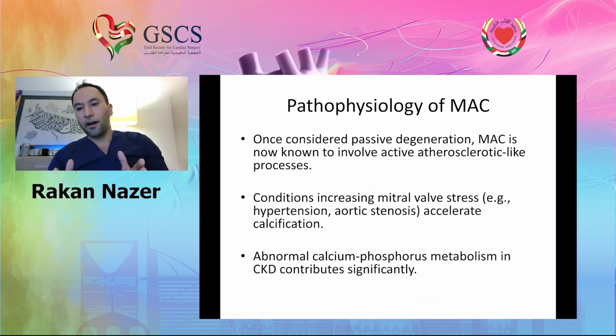The pathophysiology of MAC is ill understood up until this time, and the risk factors for development of mitral annular calcification are primarily the traditional risk factors we associate with cardiovascular diseases, including diabetes, hypertension, old age, smoking, etc. But on top of that, some theories speculate that the stress on the mitral valve, which we know is a bit higher than the other valves, at least when compared to the aortic valve, because of the differential gradients between the left atrium and the left ventricle, induces a huge stress on the valve.